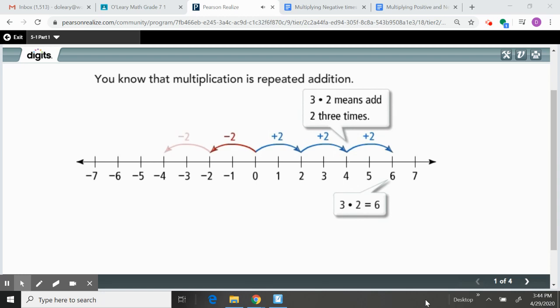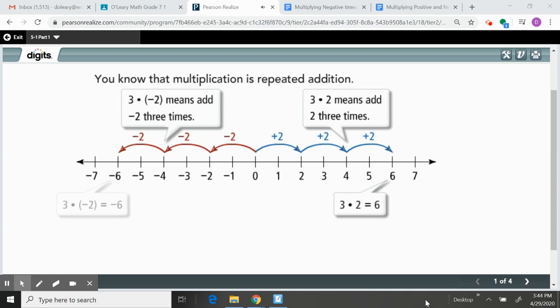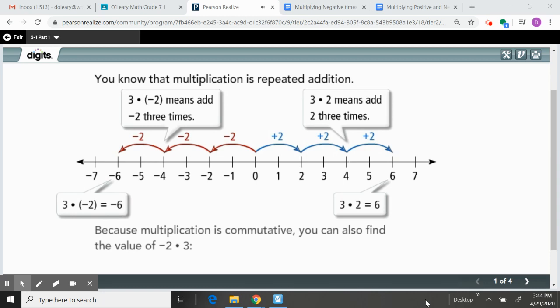The product 3 times negative 2 means add negative 2 3 times. 3 times negative 2 is negative 6. Because multiplication is commutative, you can also find the value of negative 2 times 3. Negative 2 times 3 equals 3 times negative 2, which is equal to negative 6.